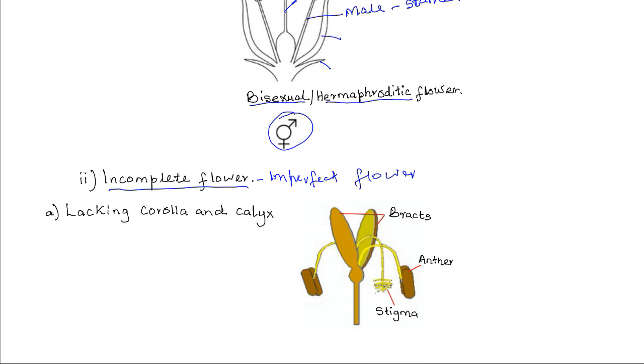Instead, they have bract-like structures to cover the male part and the female part, as is common in many grasses. Many grasses don't have corolla and calyx. Instead, they have these bracts. This is to expose the anthers and the stigma to wind, which is the main pollinating agent.